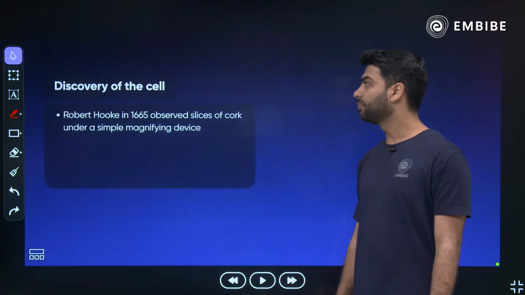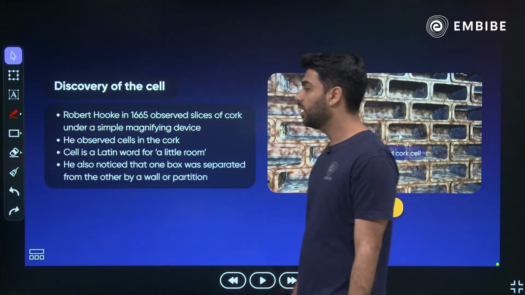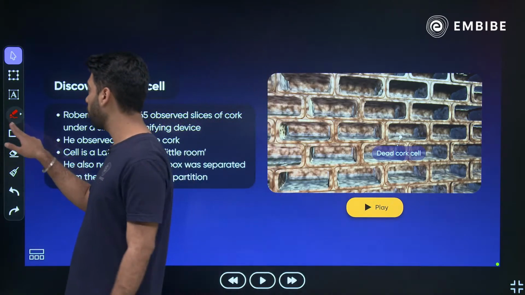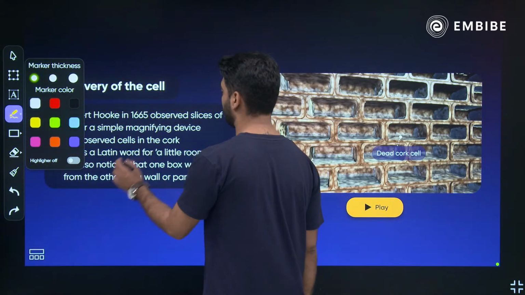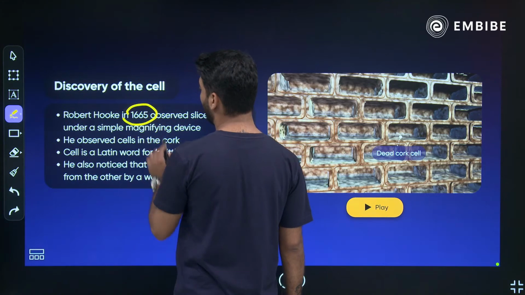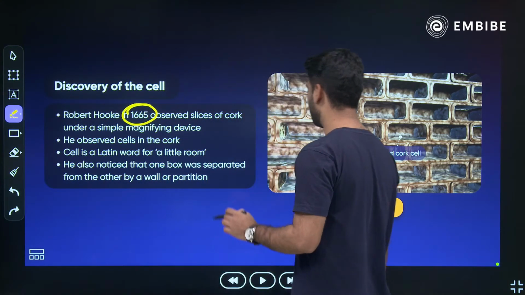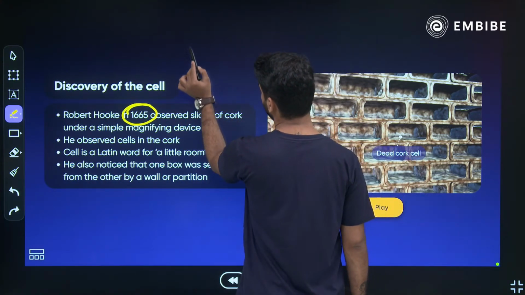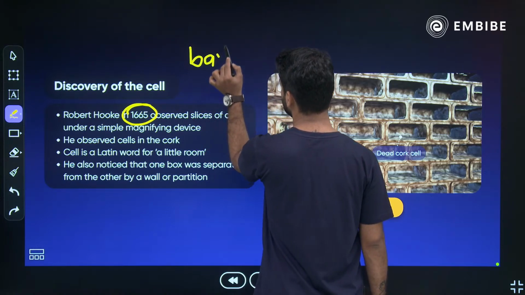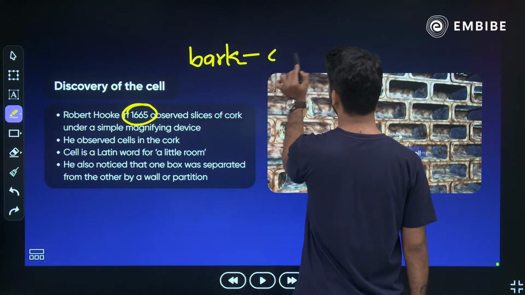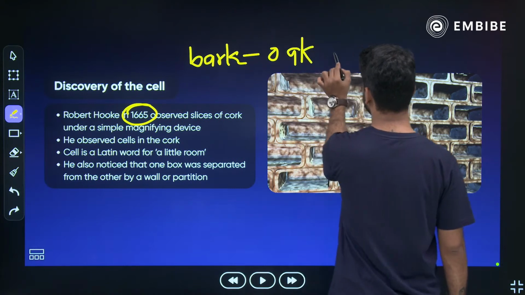We begin with the discovery of the cell. The cells were first discovered by Robert Hooke in the year 1665 when he saw the bark cells of an oak tree. What did he see? He saw the bark cells of an oak tree. These were nothing but dead cells.